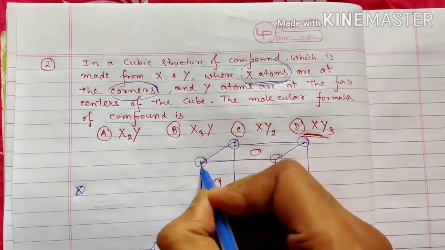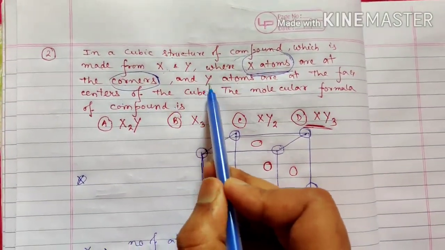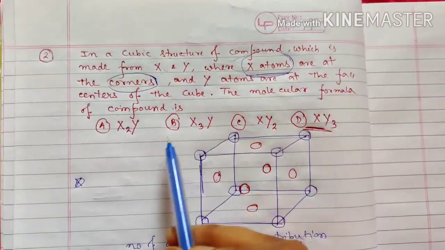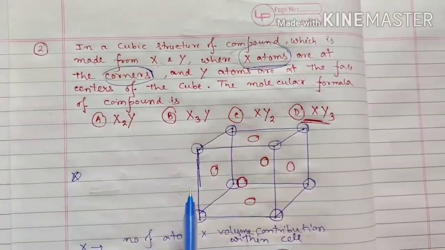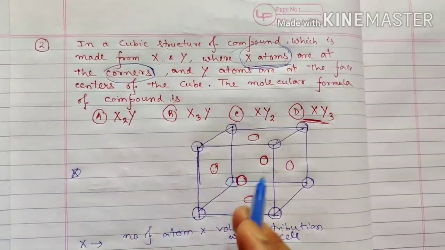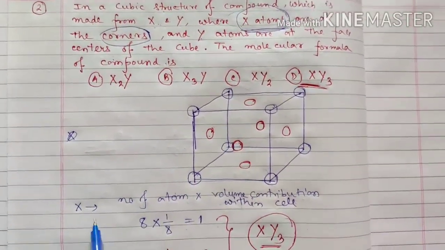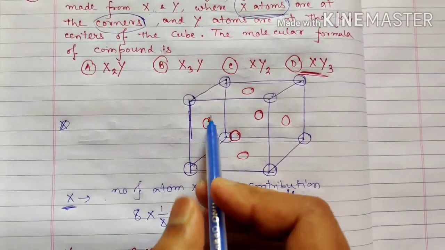So X atoms are present at the corners and Y atoms are present at the face center. So Y has been drawn in red. What is the molecular formula of the compound? So to do that, what I have done is, see here, X atoms which is present at the corners.